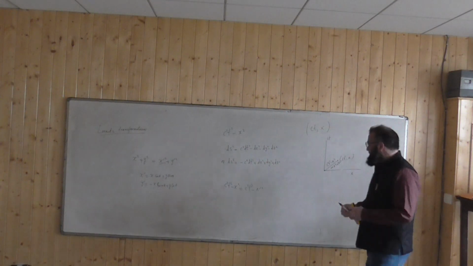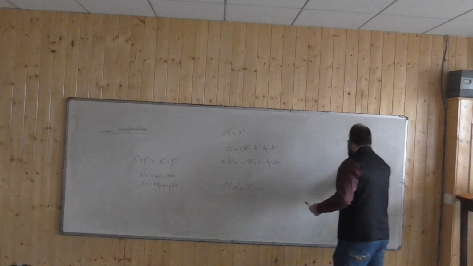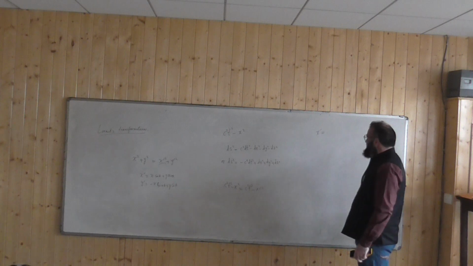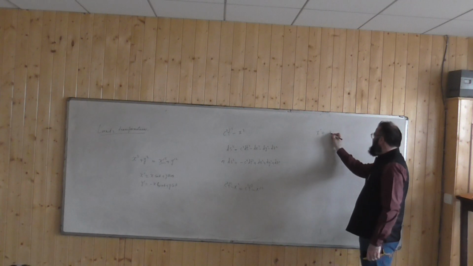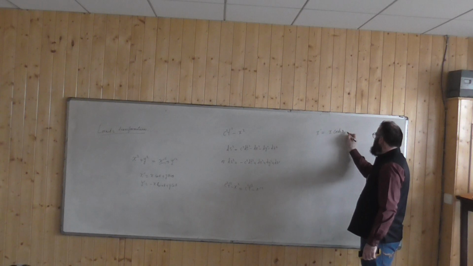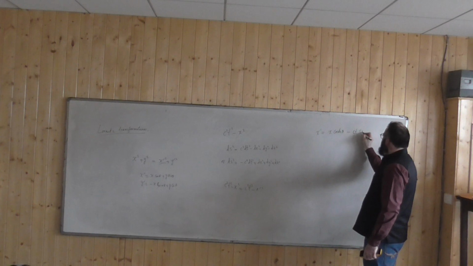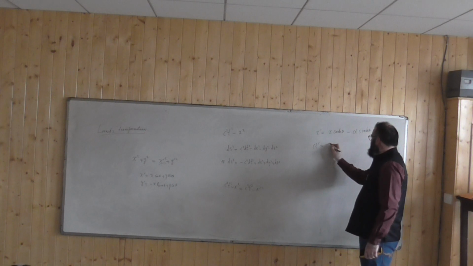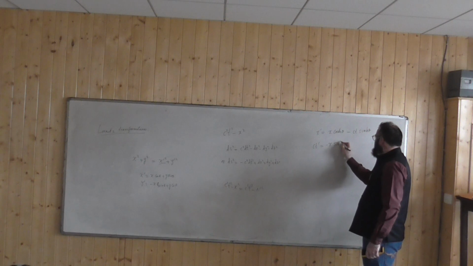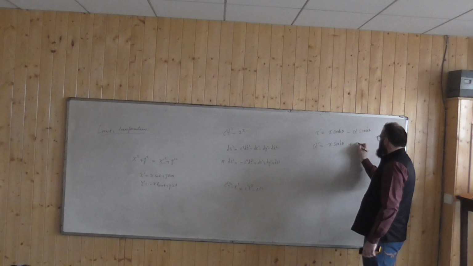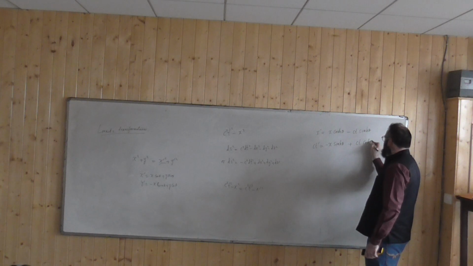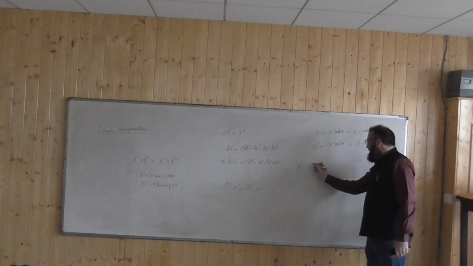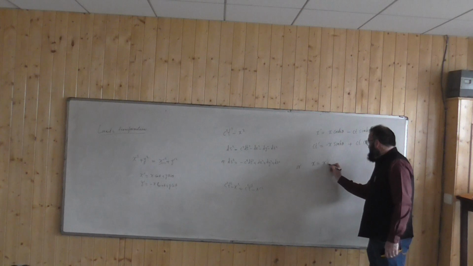Now if I define it this way, the most general form would be, let's write, x prime is equal to x cosine hyperbolic theta minus ct sine hyperbolic theta, and ct prime is equal to minus x sine hyperbolic theta plus ct cosine hyperbolic theta. Or in other words, we can write it in this fashion as well. x is equal to x prime cosine hyperbolic theta plus ct prime sine hyperbolic theta.